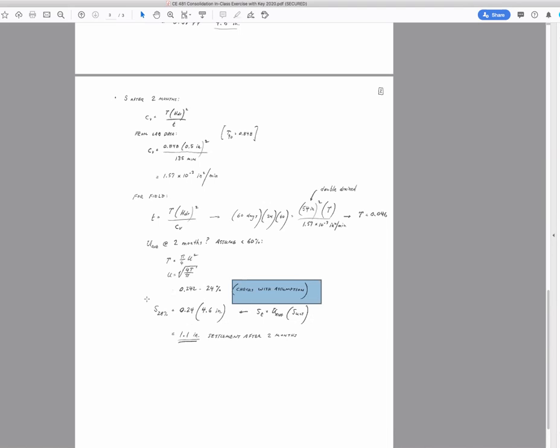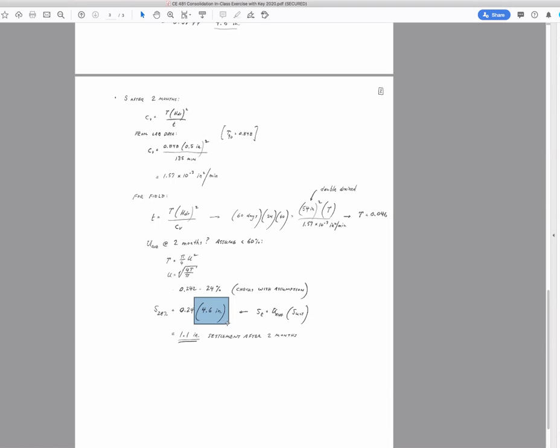And the amount of settlement at 24%, this should be a 4, not an 8. Or the amount of settlement at 2 months, let's say, which is 24%, would be 0.24 times the total amount. That 4.6 is what's going to happen at time infinity.